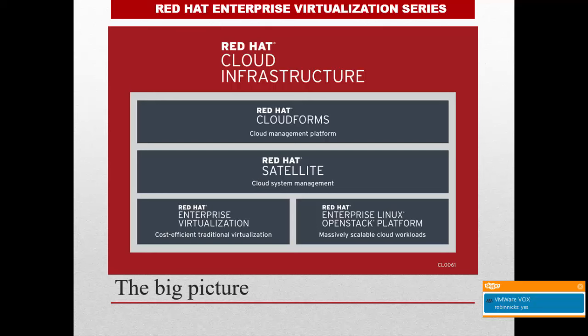And for cloud systems management, you have the Red Hat Satellite, and Red Hat CloudForms is the cloud management platform. With this course, I'm intending to fill the gap of enterprise virtualization.